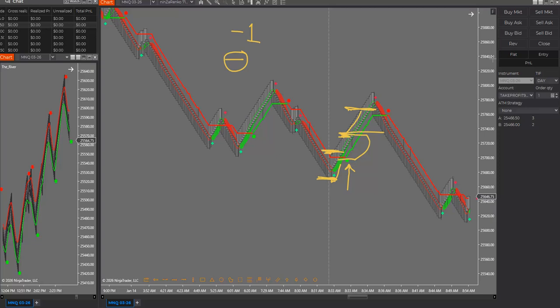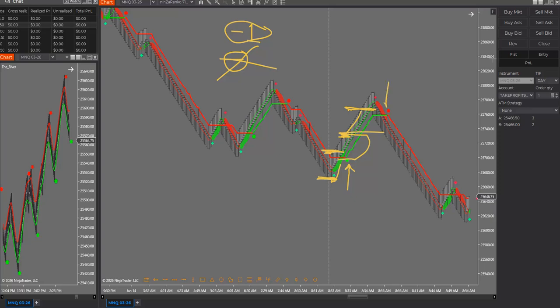Okay, so we had a long here, started to run in our intended direction, negated all the loss we had in trade 1 and was running, but then market turned around. Oh well. The market came down, hit our stop right in here. Break even plus, so we still are holding that initial 160 tick loss, made nothing off trade number 2. We didn't lose anything.